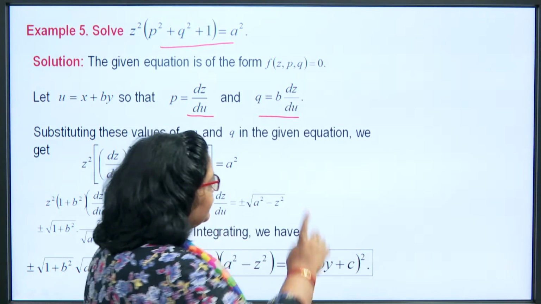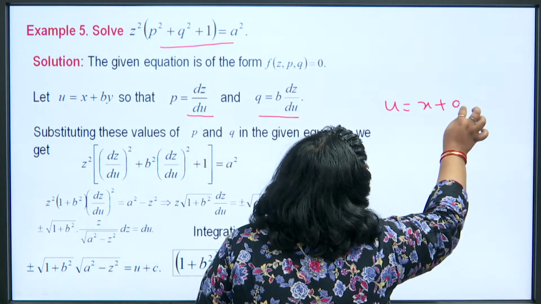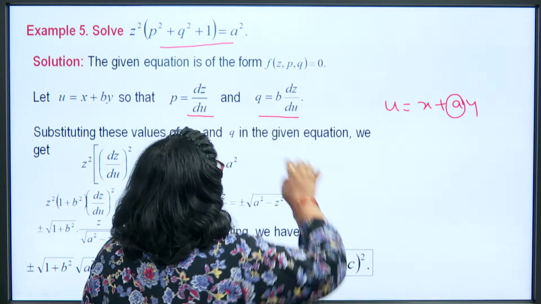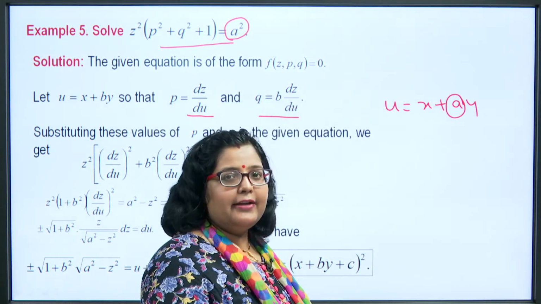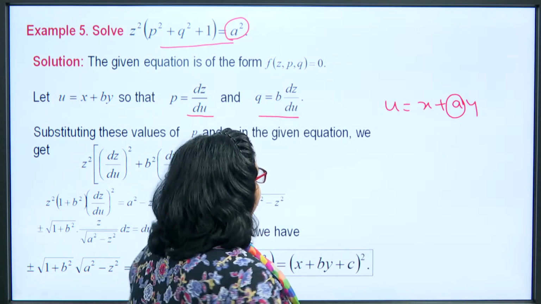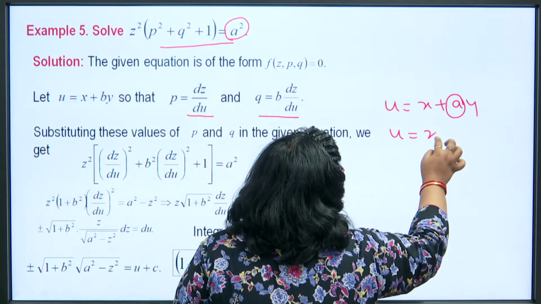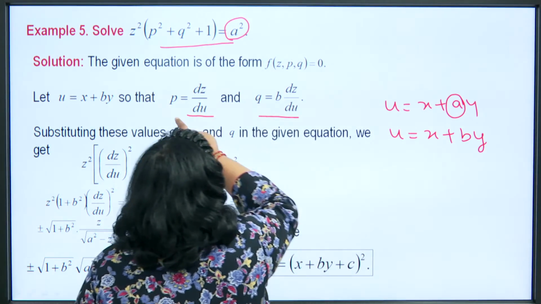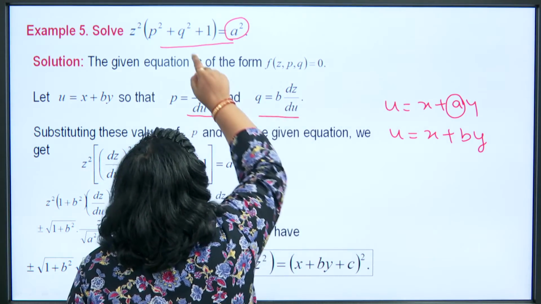Here we assume u = x + ay, where a is an arbitrary constant. But because a is already present in the equation, we let it be b. So we assume that u = x + by, and put the values p = dz/du, q = b dz/du in the equation.